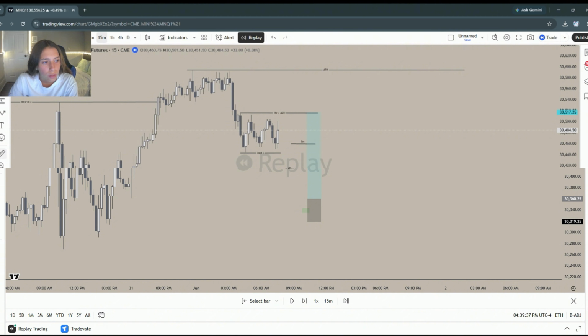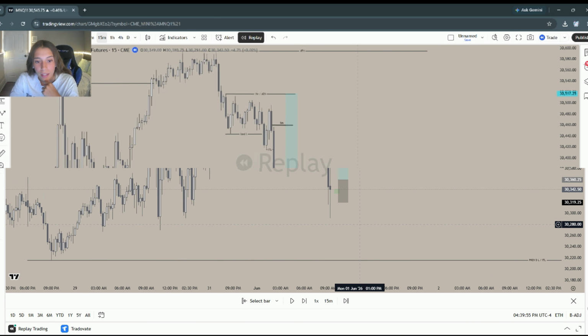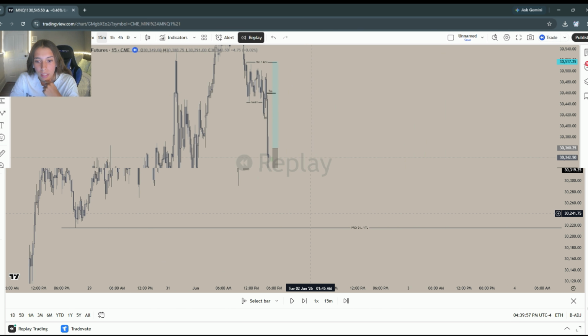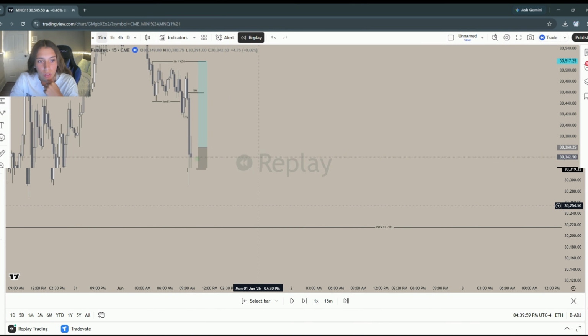So what I wanted to happen, I wanted London low to get taken out, and that is exactly what we did. We took out London low. From there, I was expecting some type of long play, but then market opened and ended up just flushing down. I thought we were going to come down to previous day low and take out this internal low too.